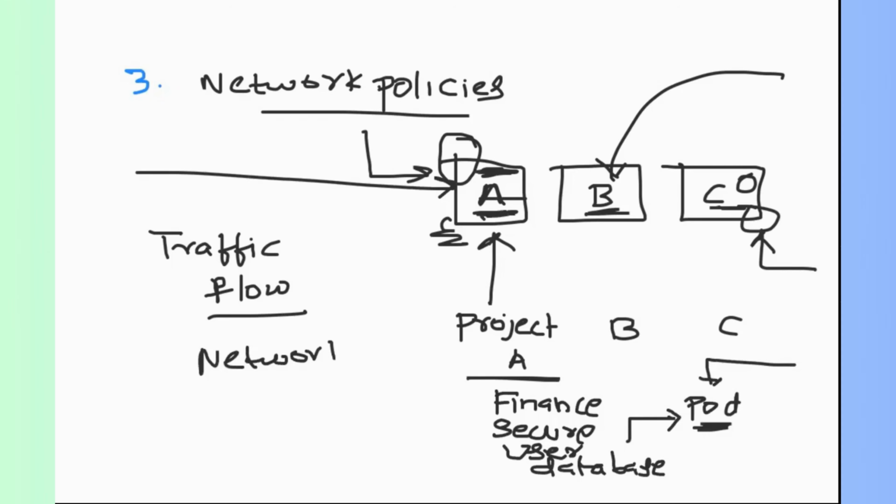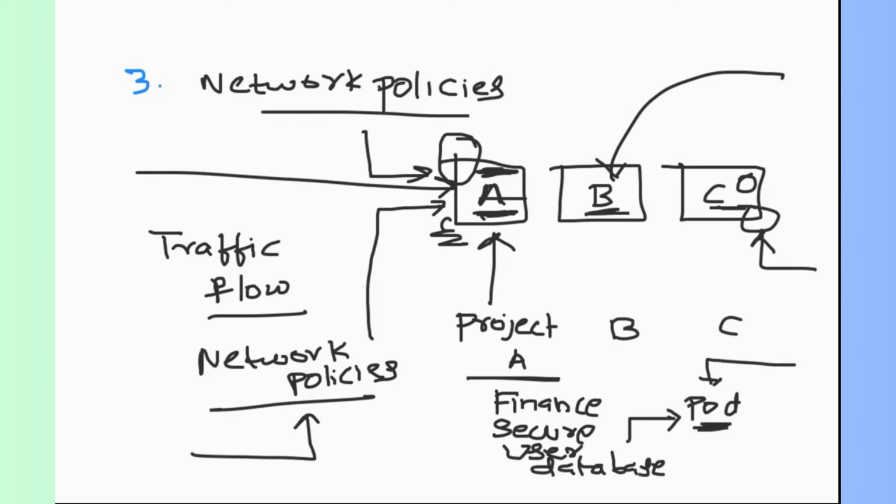A network policy is nothing but a resource in Kubernetes, and when you configure this network policy and attach it to a namespace, nobody will be able to access it from outside. People might access the Kubernetes cluster, but they will not be able to get any information from this particular namespace, because you have configured a network policy which limits access to this specific namespace to your organization.